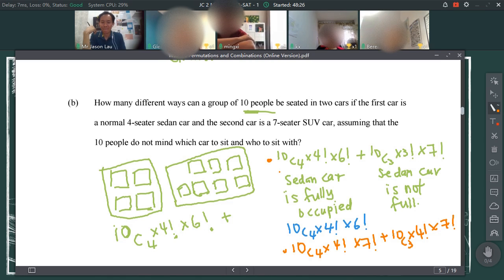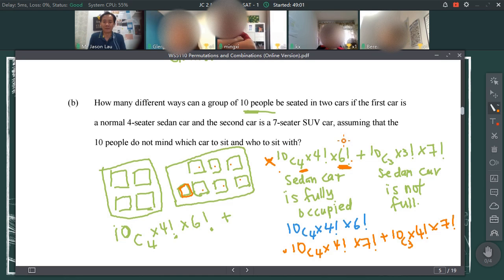Wait, I don't get the orange one. Okay, first of all, this one cannot. The reason is the 6 factorial will have a problem, because the 6 factorial is to arrange the 6 people, but because you chose 10 choose 4, you only have 6 people here with 1 additional seat. So when you do the permutation, you have not accounted for this additional seat. You get me, Mingxi?